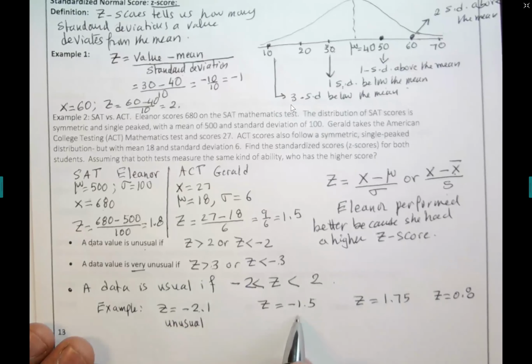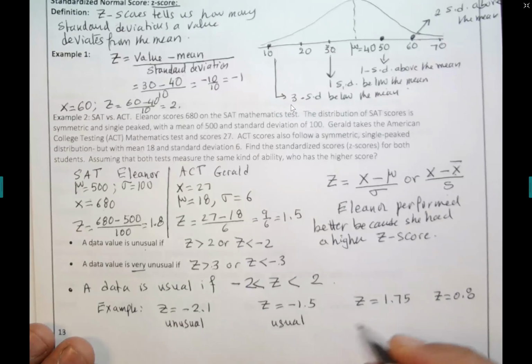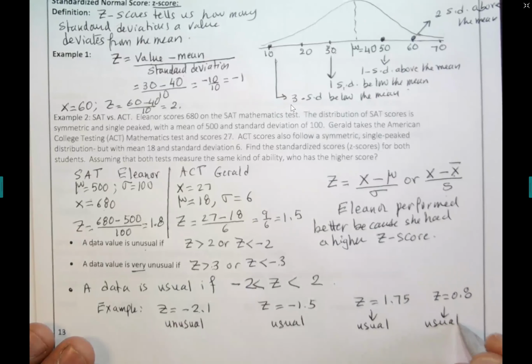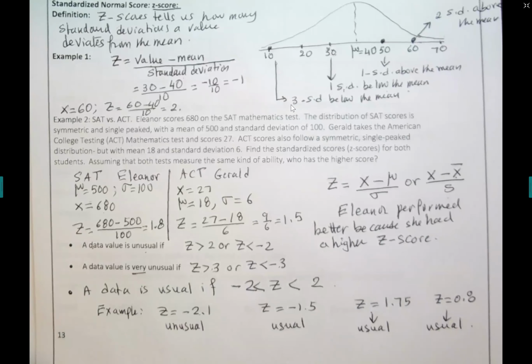This is between -2 and 2, so that's usual. 1.75 is okay. It's between -2 and 2. This one is also okay. 0 is okay also. It's between -2 and 2. So this is what you guys need to know about z-scores.